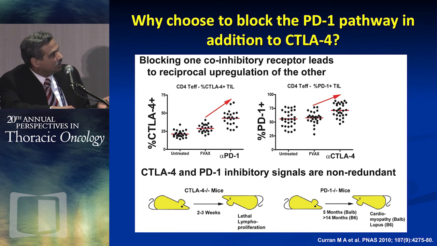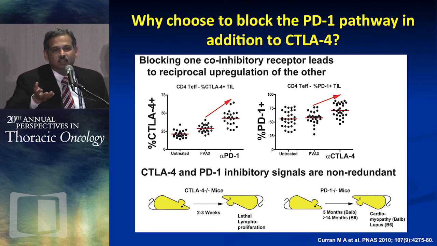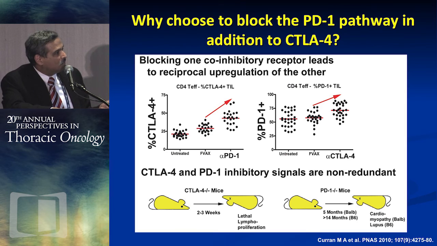One combination that has clearly been looked at already in melanoma is the combination of anti-PD-1 and anti-CTLA-4. There's preclinical data to suggest that these combinations may be beneficial, because in preclinical models, when you inhibit one of the immune checkpoint inhibitors, there's increased expression of the other checkpoint inhibitor. And when you combine the two together, you don't see that increased expression.